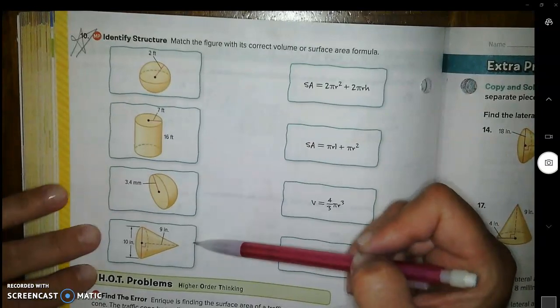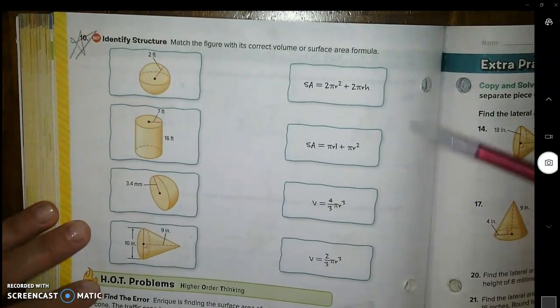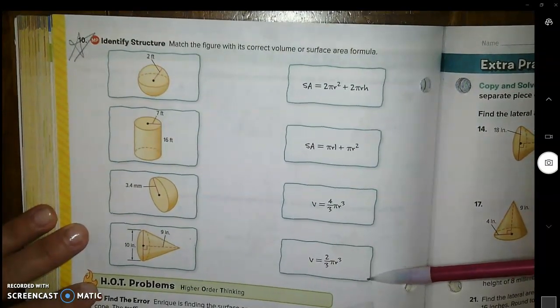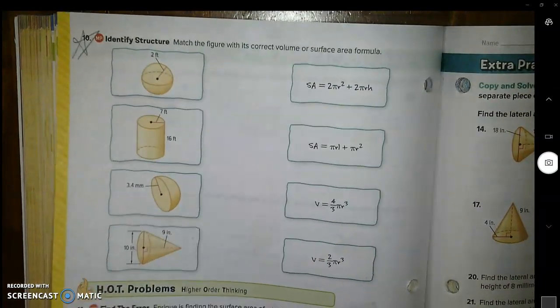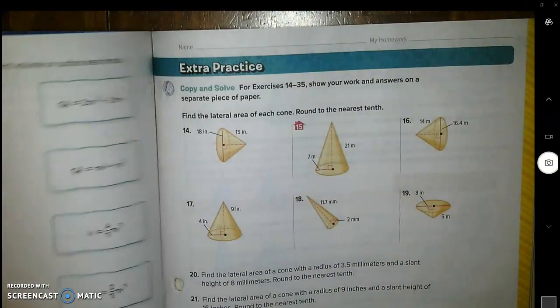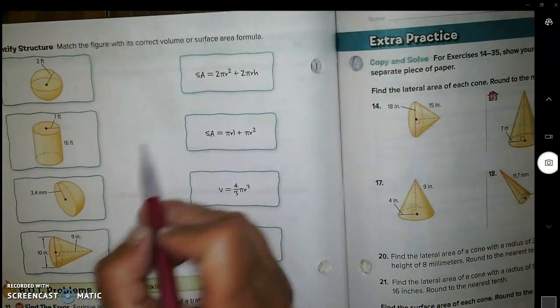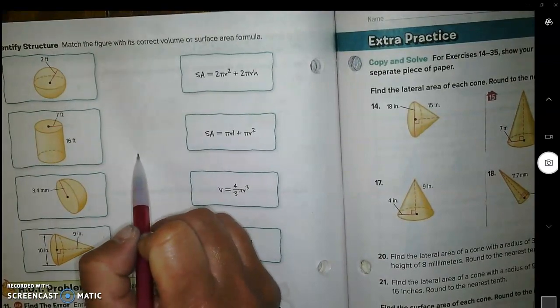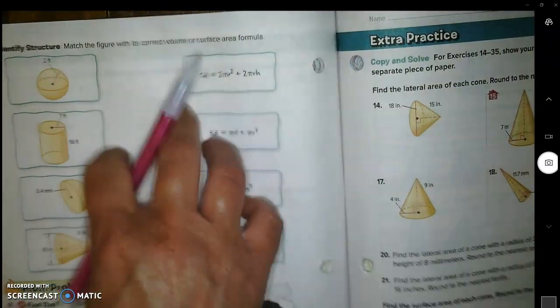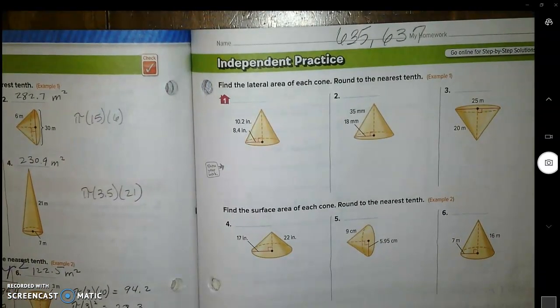You're just matching. Here's a shape. Do you remember which formula goes with which one? So again, your assignment is to do pages 635 and 637, and then do a little bit of matching on number 10. By the way, you don't have to show me this matching. Just make sure that you know which one goes with which one. All right, happy calculating.